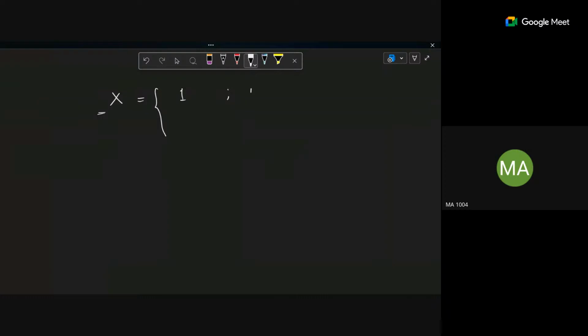Let's say 1 if a type A battery was chosen, and 0 for type B. So X is which kind of random variable, discrete or continuous? Discrete. It's a Bernoulli, so it's discrete.